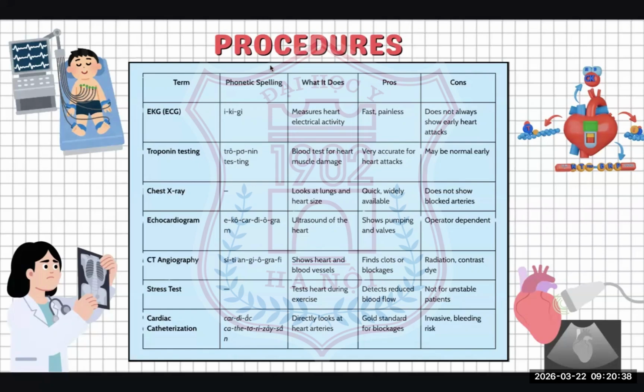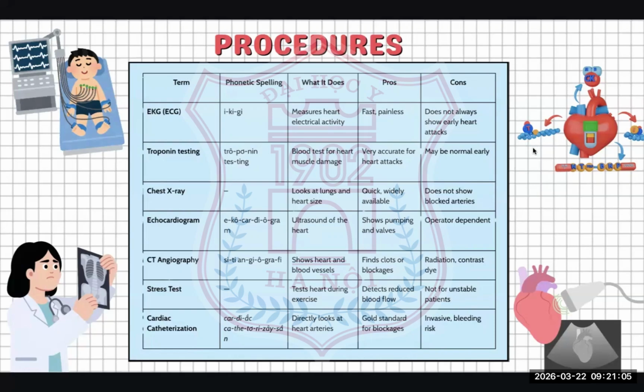So you can see the pumping and the valves, which is a strong diagnostic tool if it's something like a heart attack. However, it is operator dependent, so it requires someone who has a lot of skill to be able to understand the structures of the heart and see what they're seeing on the echocardiogram.